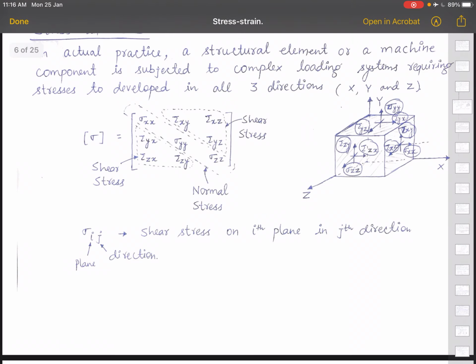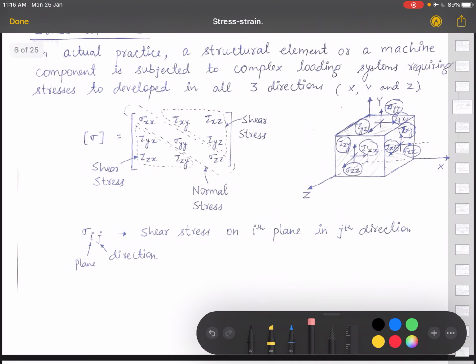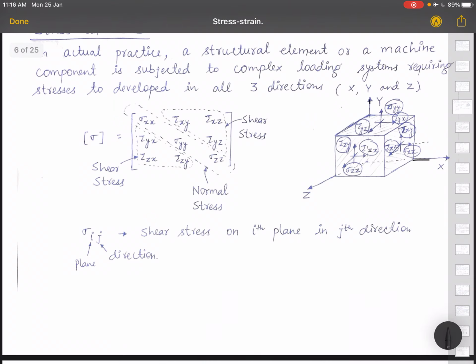So this is any body, and we take the reference axes X, Y and Z. This is a very small particle, so we are assuming it as a cuboid, a cube.